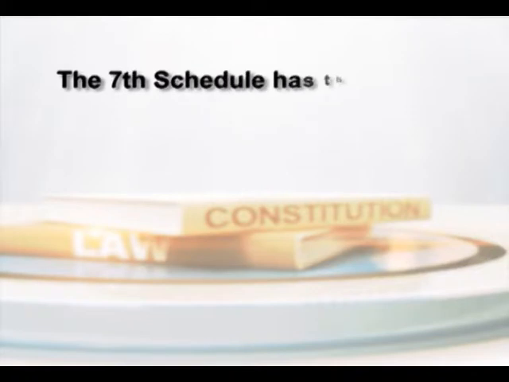In the 7th Schedule of the Constitution, there are 3 lists.